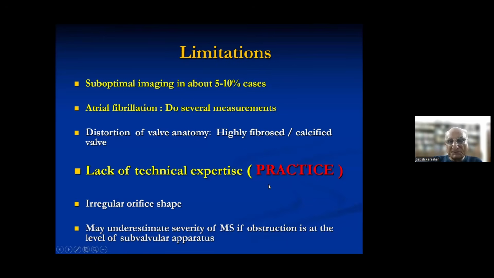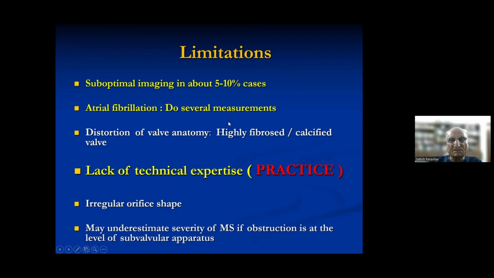During hands-on, we tell them that even in a normal patient, try to calculate the mitral valve area. Why? Then you will know how to focus the mitral valve and how to measure it, because there are many situations where you will have difficulty measuring, especially suboptimal imaging like obesity, anatomical deformity, and COPD.